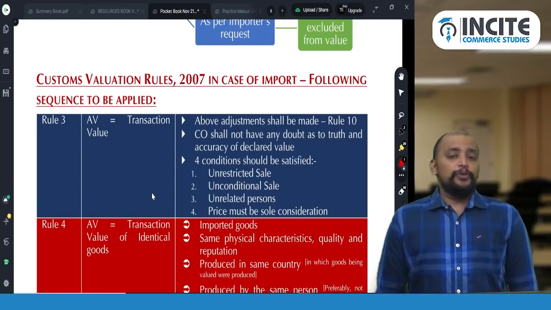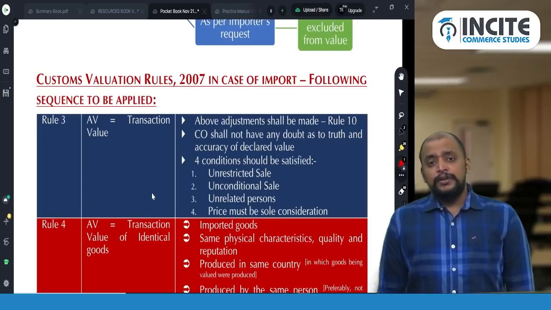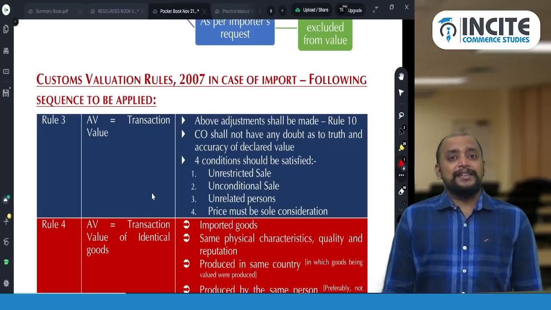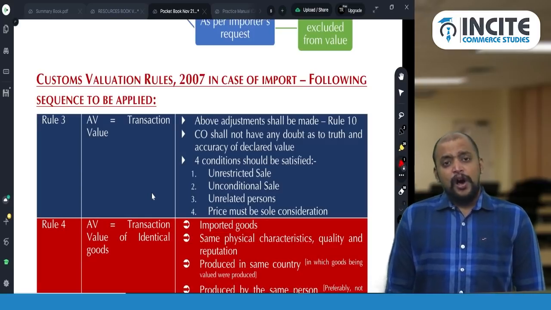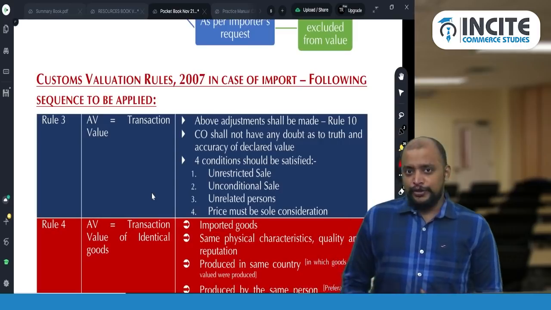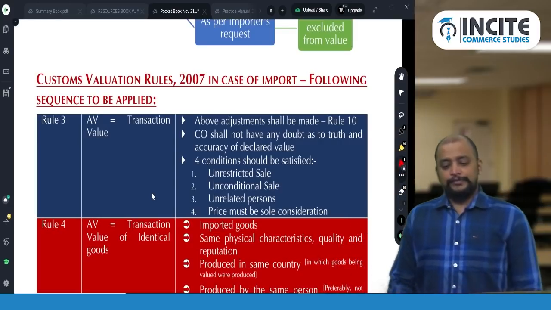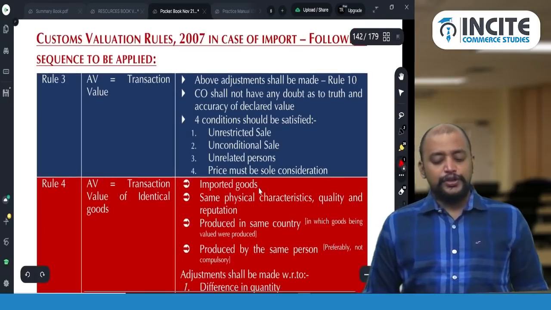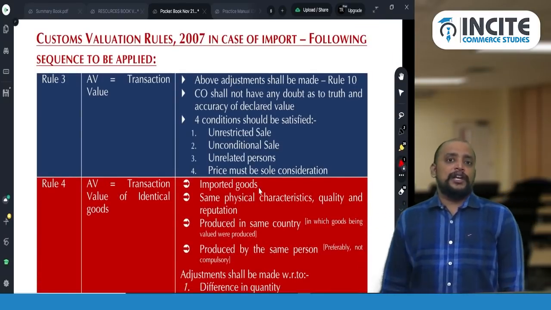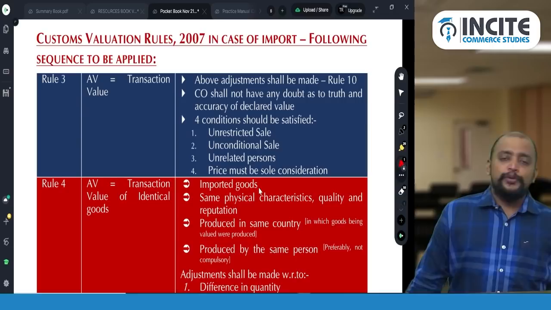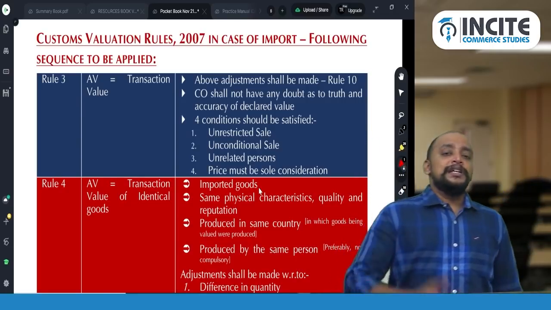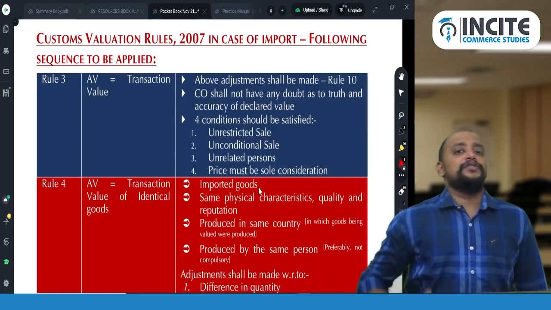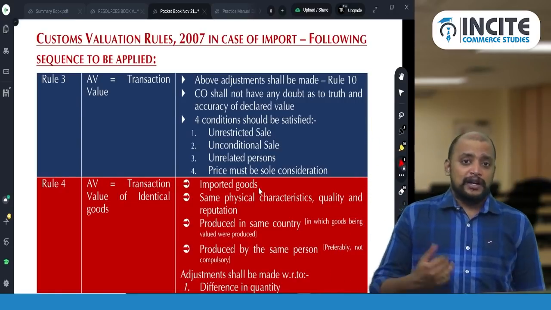Suppose that value is not acceptable to the customs department on account of comparable imports, they may reject that value. The customs officer shall not have any doubt as to the truth and accuracy of the declared value. If there are comparable imports, based on them the customs officer may reject the value which we have declared and determine the value.